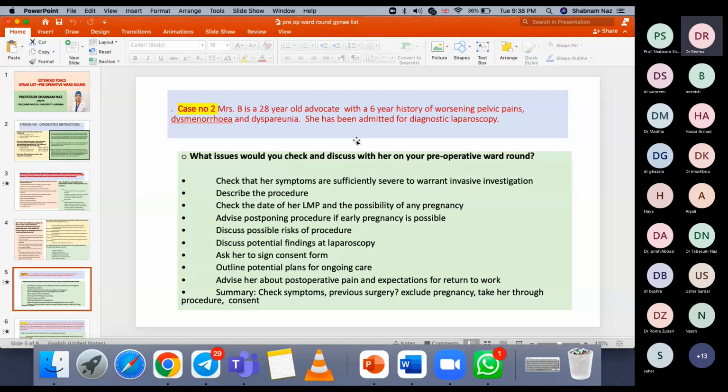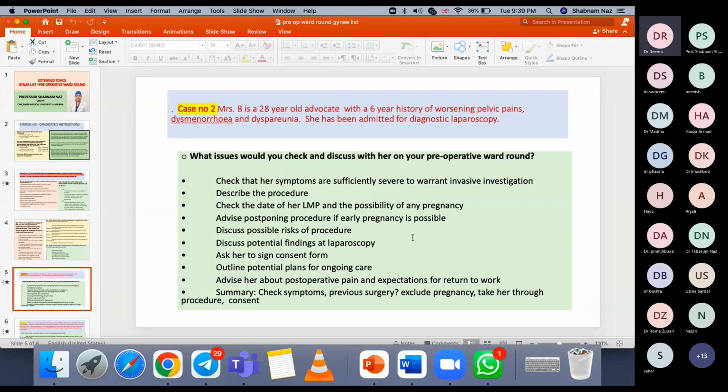Ma'am, first of all, I will introduce myself to the patient, and then I will check her last menstrual period. If she's in the reproductive age group, I will rule out pregnancy before going for the procedure. Then I will confirm the procedure, and I will confirm the consent.